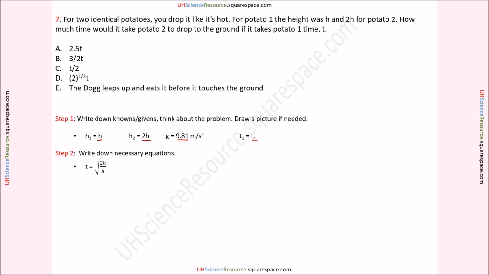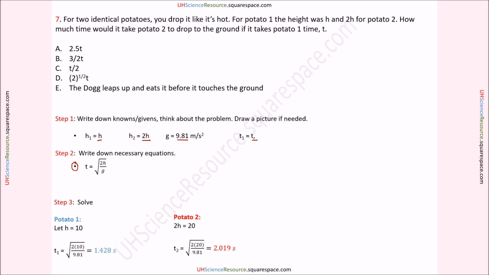We know that to solve for the time, for free fall, it's going to equal the square root of 2 times the height divided by gravity, and that's given right here. Now, let's go ahead and try to solve this. The most straightforward method is probably just to assume some easy numbers that you can calculate. So that's what we're going to do.